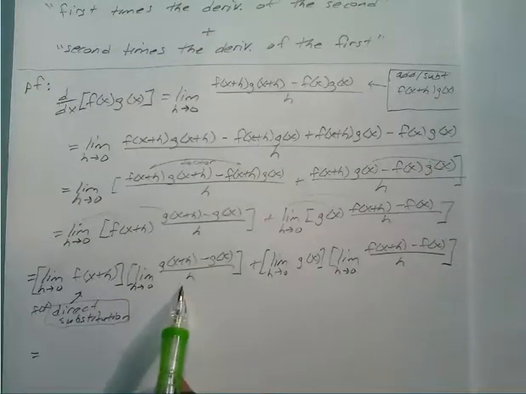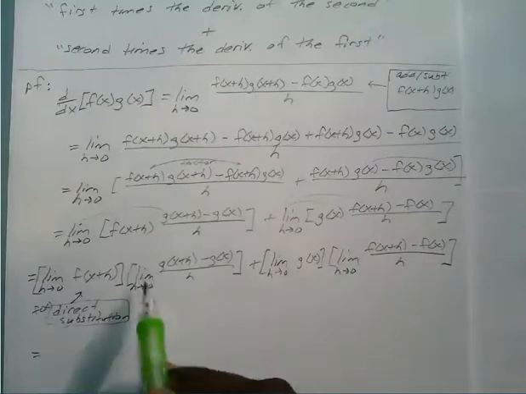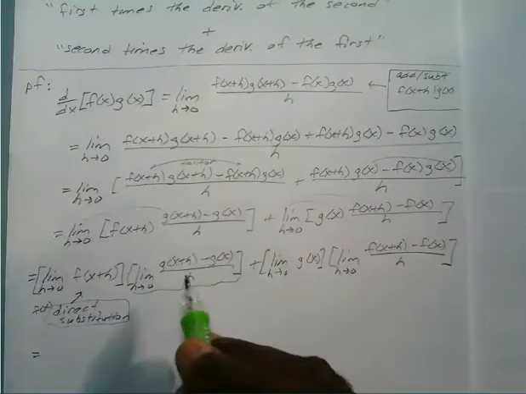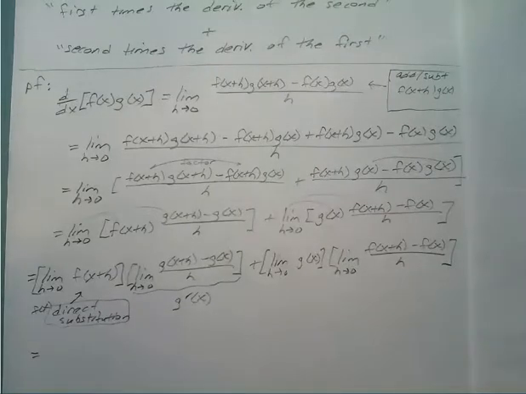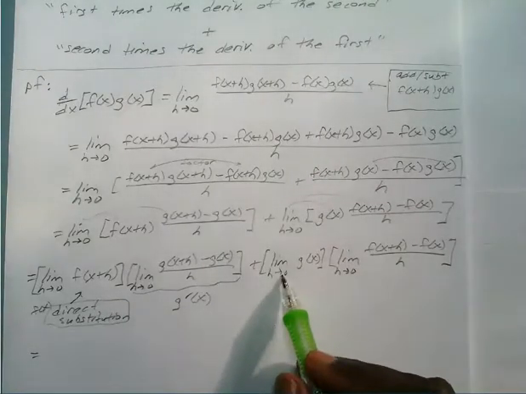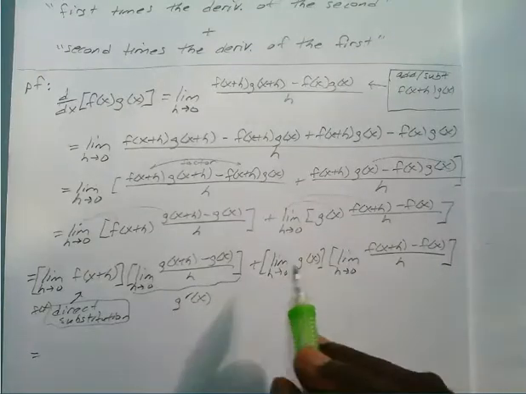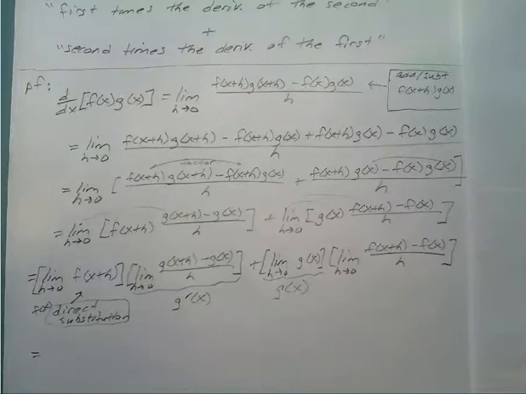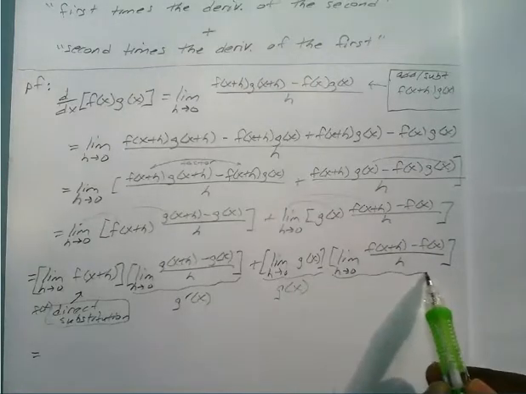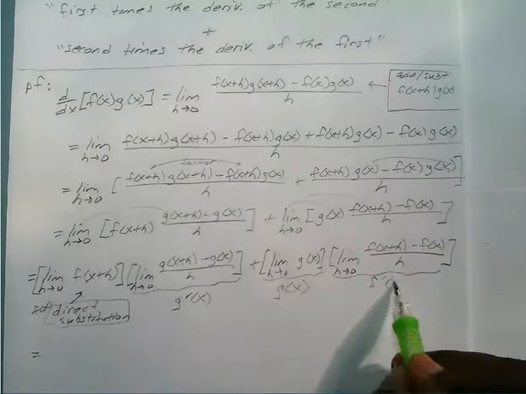This one here, if you look at it closely, is just the definition of g prime of x. And here, if you use direct substitution, as h approaches 0, there is no h to replace, so this is just g of x. And if you look at this one, this is just your definition, f prime of x.